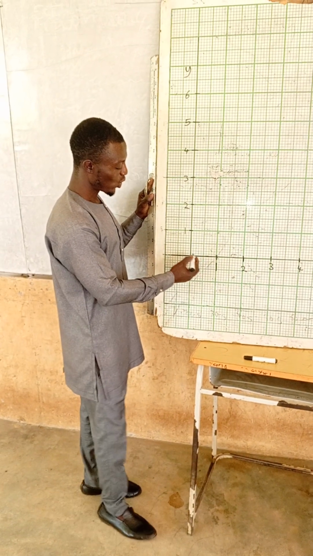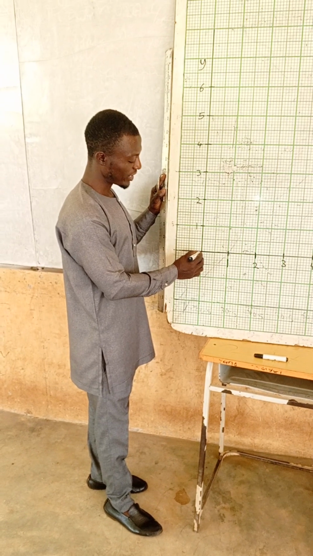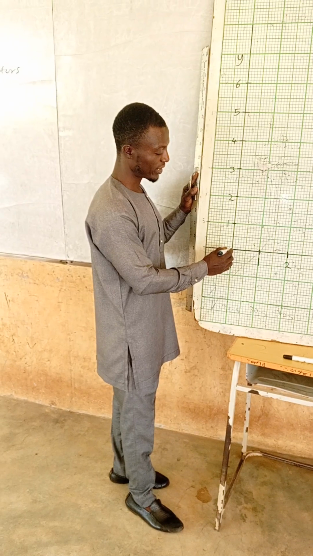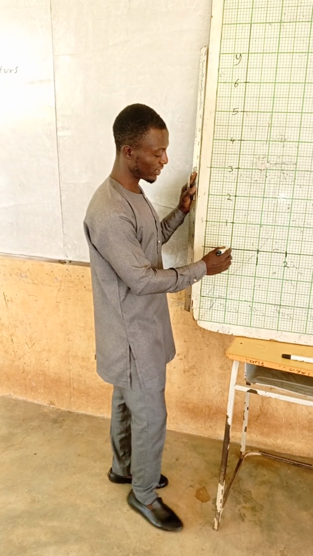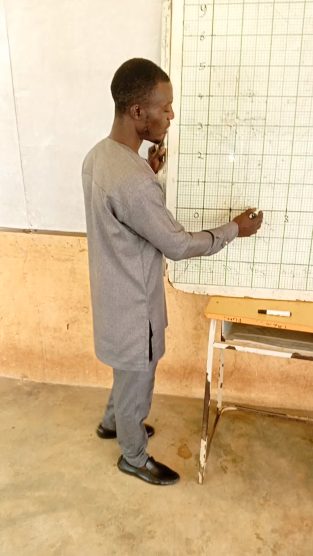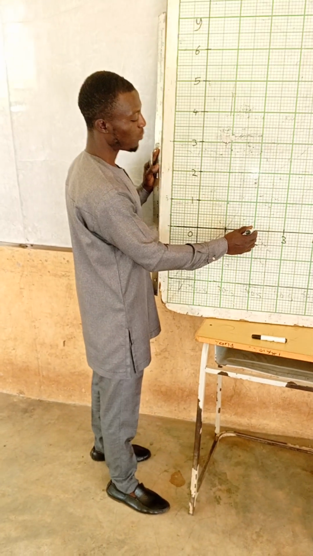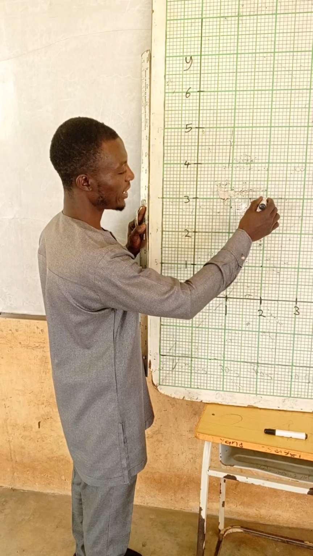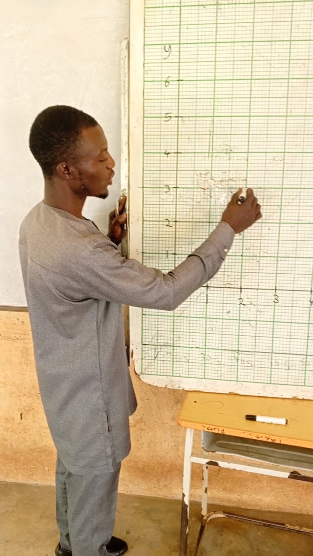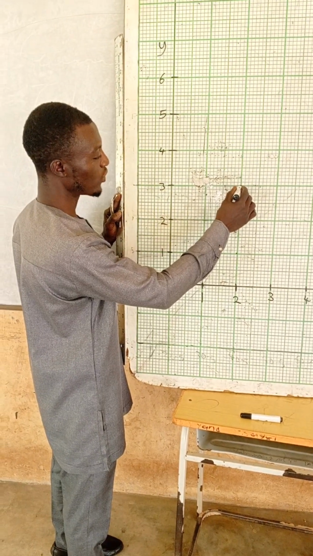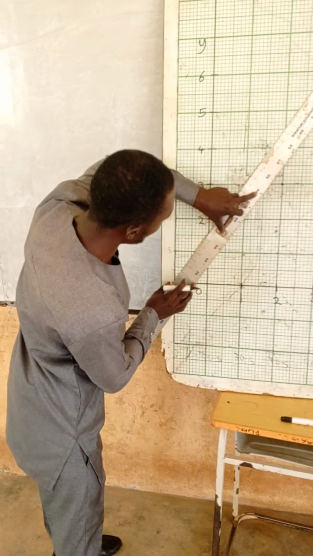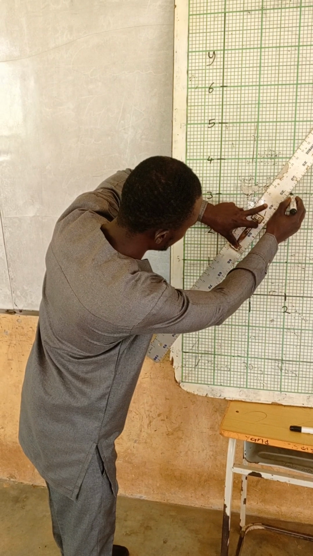So we start from the origin, that is 0, and then we count 2 units along the positive x-axis. 1, 2. Then we count upwards 3 units. 1, 2, 3. This will be the final point of our vector. Then we join that point to where we started, that is the origin.